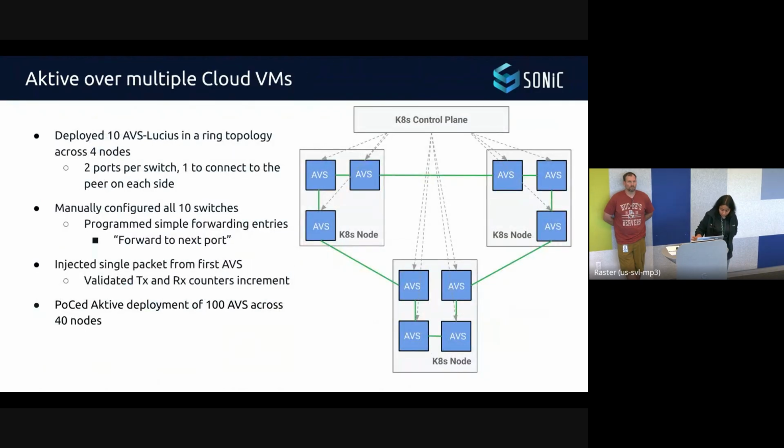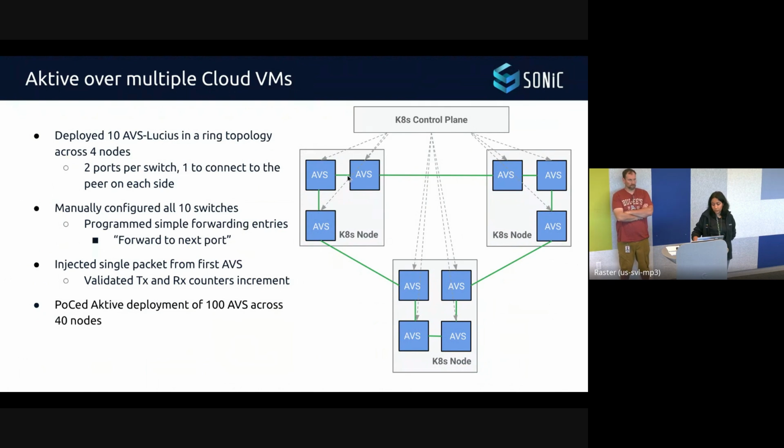To see the real use of KNE and underlying Kubernetes, we performed a POC for deploying a virtual testbed across multiple cloud VMs. This is one of the topologies we created: a ring topology of 10 virtual switches deployed across 4 nodes.